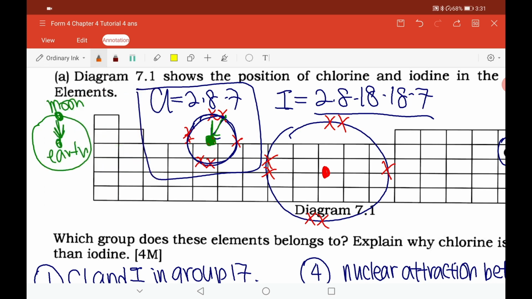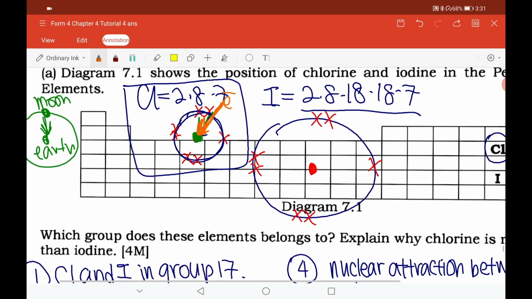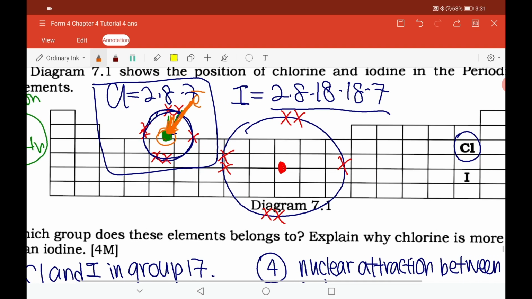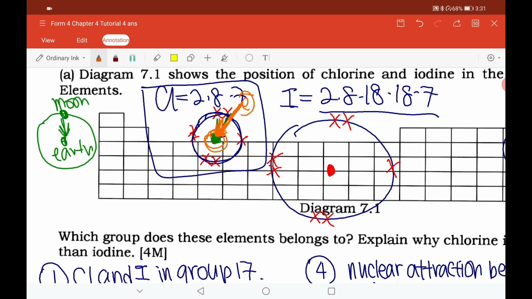Here we have 7 electrons, and we want to use the nuclear attraction to pull one more electron from outside. When the size is small, this pulling force is strong. This pulling force is called nuclear attraction between the nucleus and the electron.